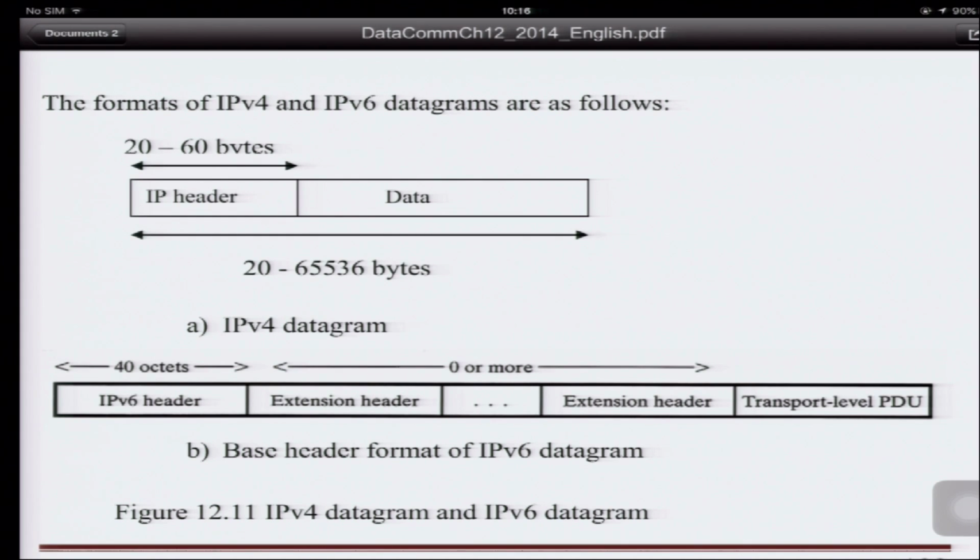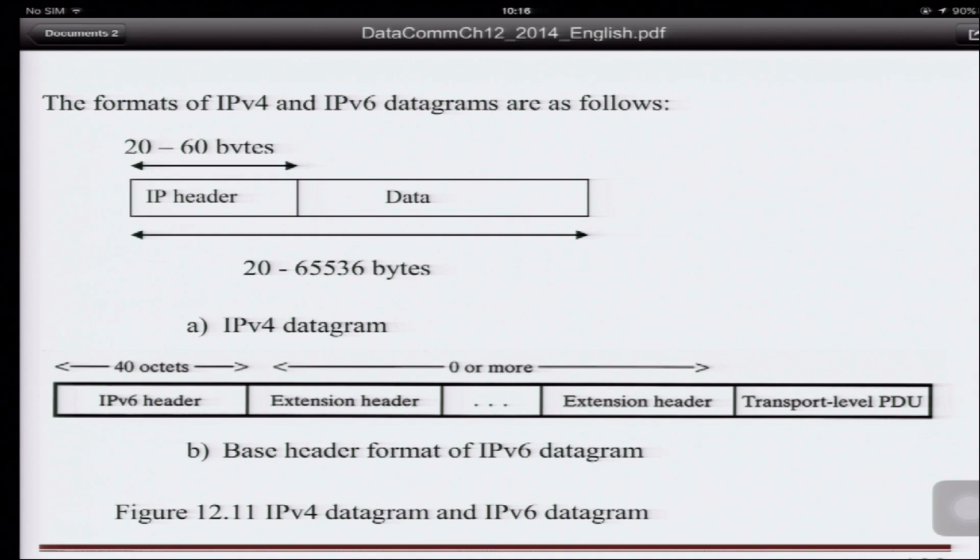The IP version 4 and version 6 are different, for example in the header. The IP header of version 4 consists of 20 to 60 bytes, and including data, it can go to 65,536 bytes.